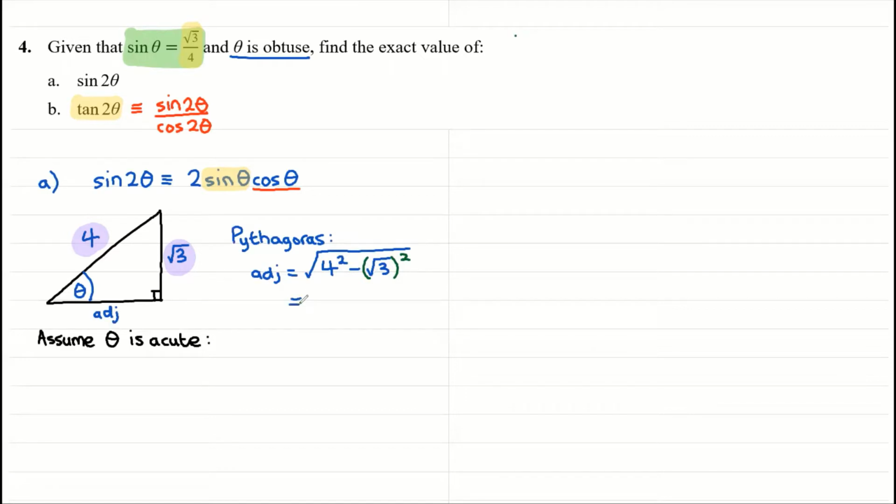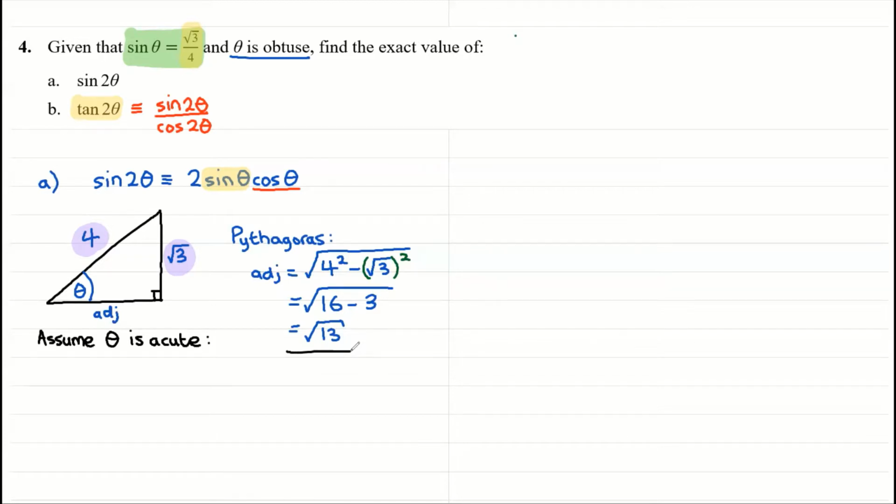So this is going to be the square root of 16 subtract 3, which is, of course, the square root of 13. So it's not a triple. It never was going to be because we've got a surd as our opposite side. But we've got a value nonetheless. We can always use Pythagoras' theorem. So the adjacent side should be root 13.